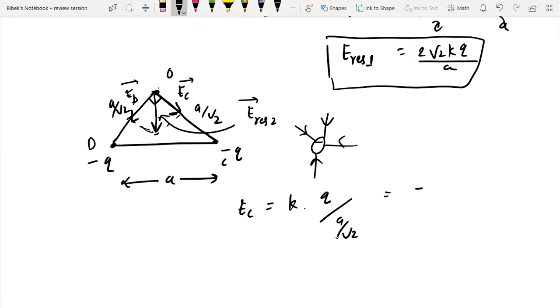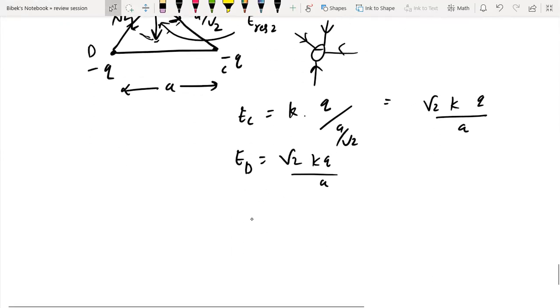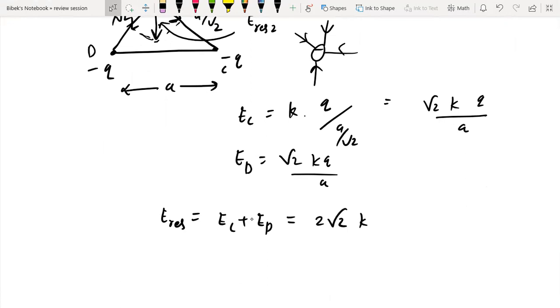So that is root 2 KQ over A, and this will be equal to ED, which is due to this minus Q charge, also root 2 KQ over A. Now if you find the resultant, it will be EC plus ED for magnitude, so it will also be 2 root 2 KQ over A.